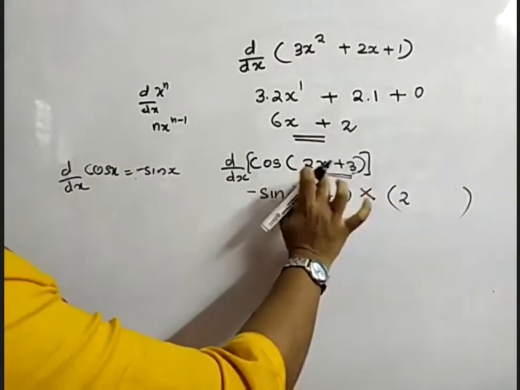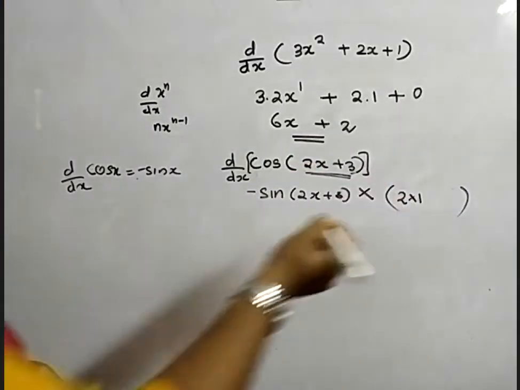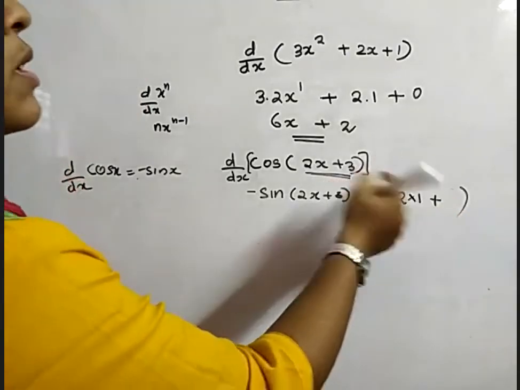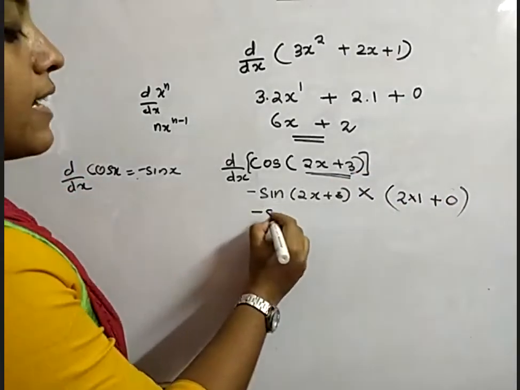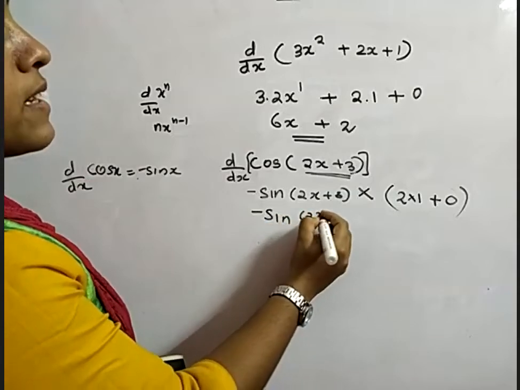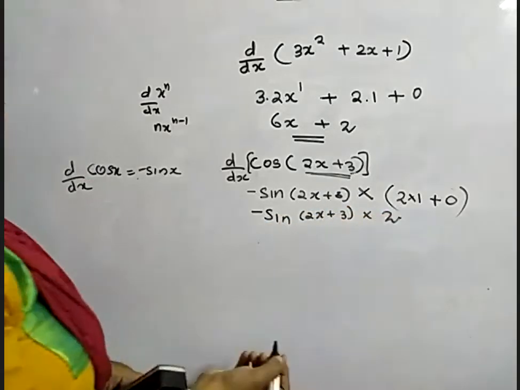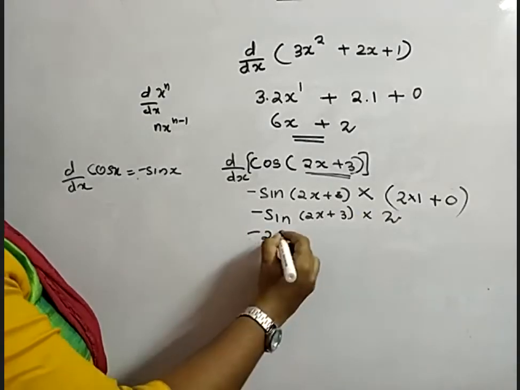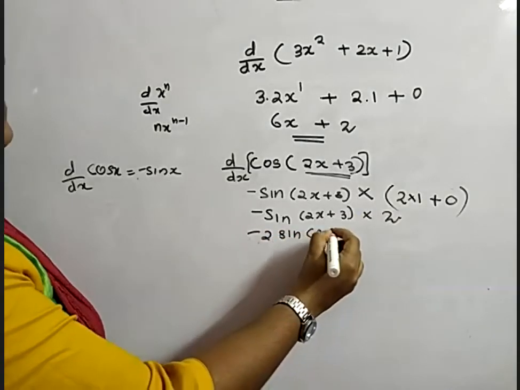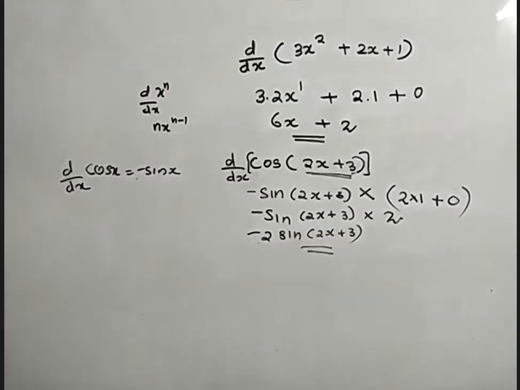Into the derivative of x, which is 1. Plus the derivative of 3. What is the derivative of 3? 0. So minus sine 2x plus 3 into 2, which is minus 2 sine 2x plus 3. Clear?